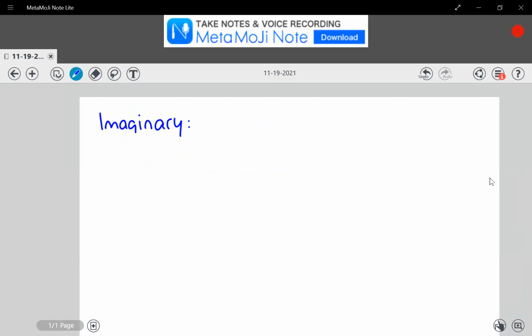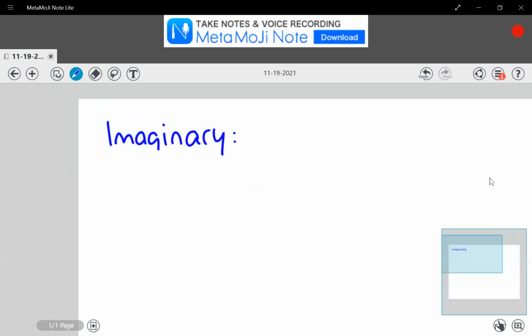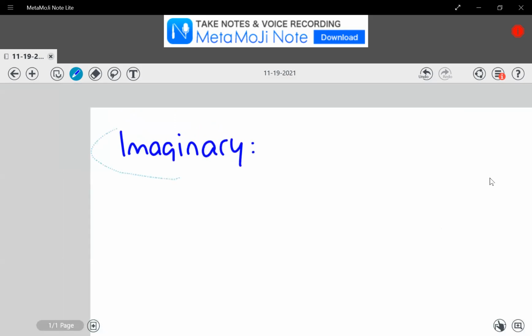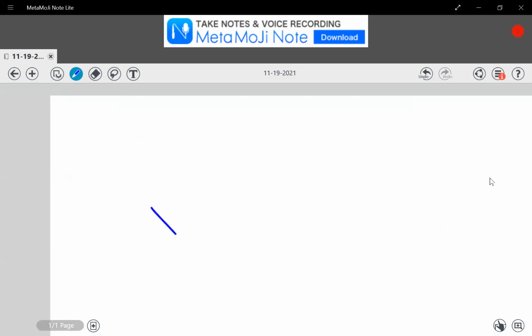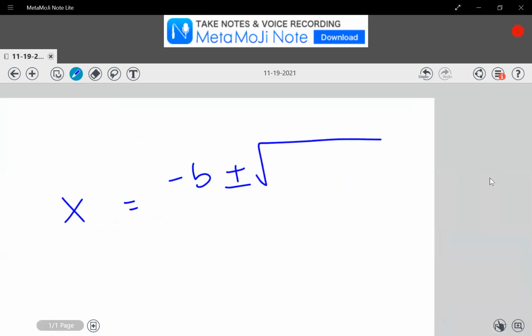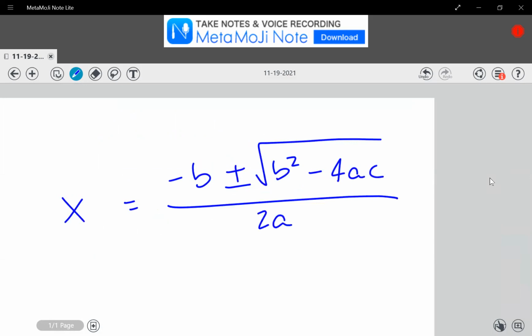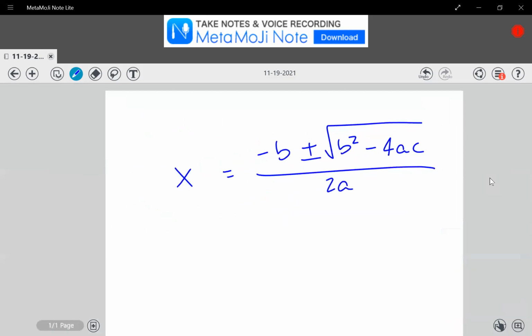Imaginary numbers. Let's start with the quadratic equation that we all hopefully know and hate. So x equals negative b plus or minus square root of b squared minus 4ac, divided by 2a. Now what this quadratic equation has is this thing called the discriminant.